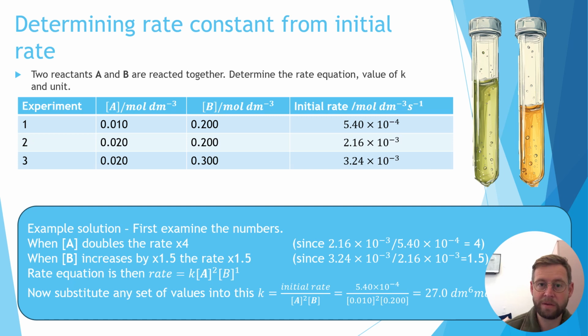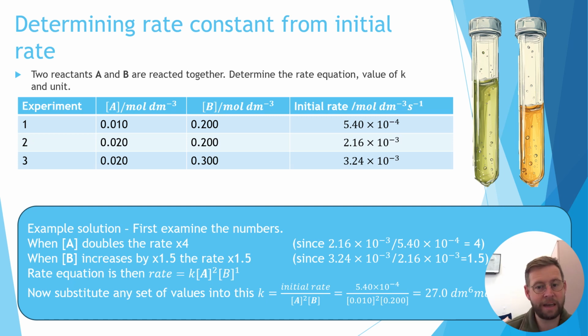Therefore, the rate equation is rate equals k, the concentration of A squared multiplied by the concentration of B to the power 1. Now we can take any set of these values to determine the value of k. Look at any row in this table. We just need to take the initial rate and divide it by the concentration of A squared multiplied by the concentration of B to the power of 1.